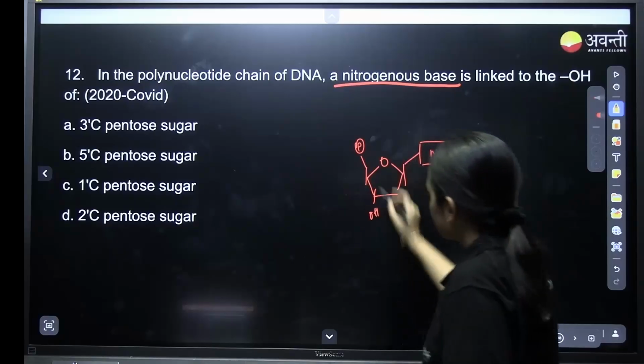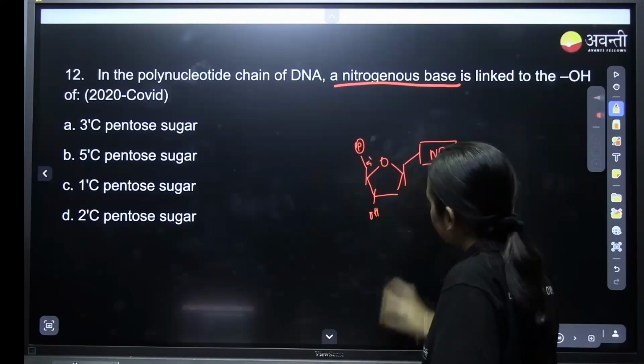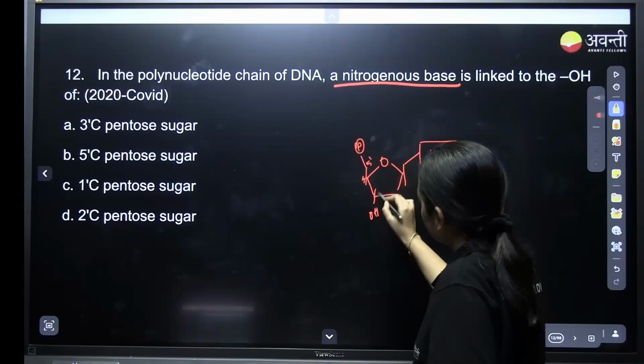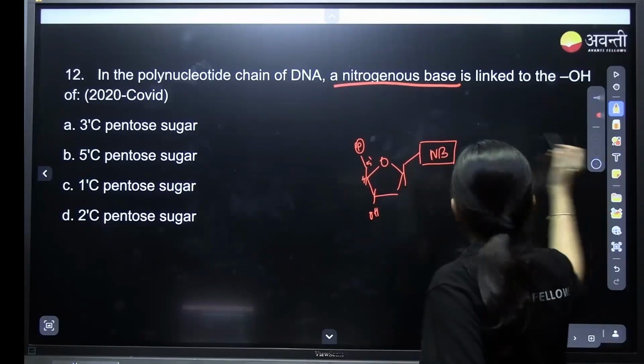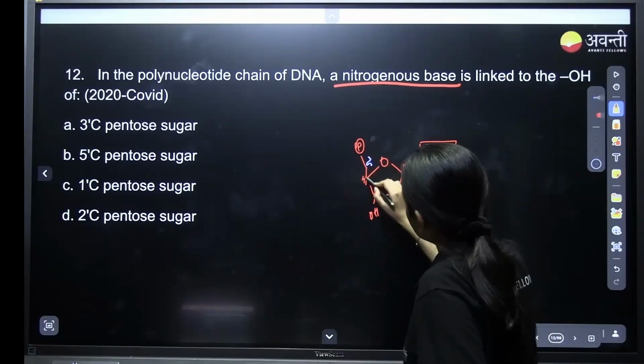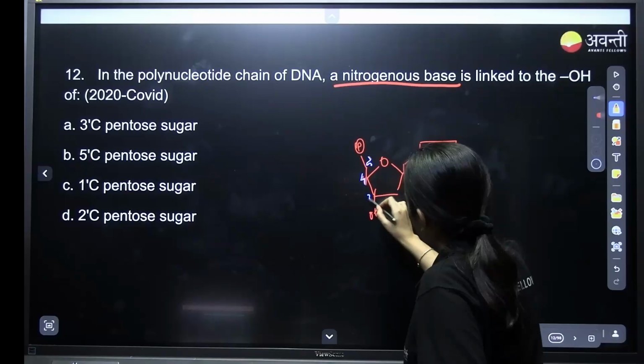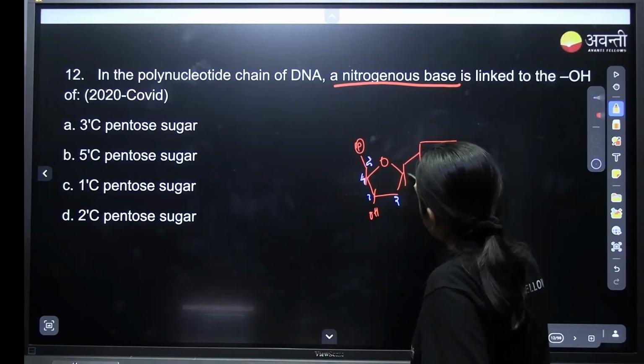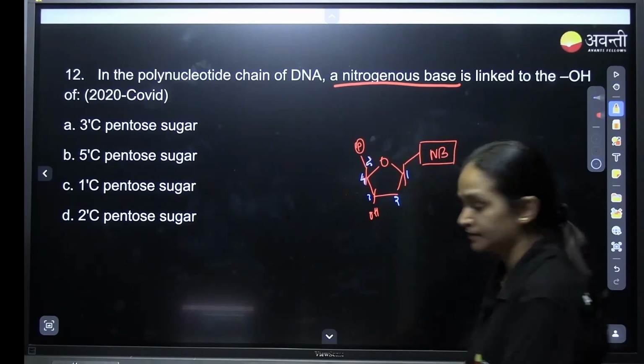This is the 5th carbon. This is the 4th carbon. This is the 5th carbon, 4th, 3rd, 2nd, 1st.